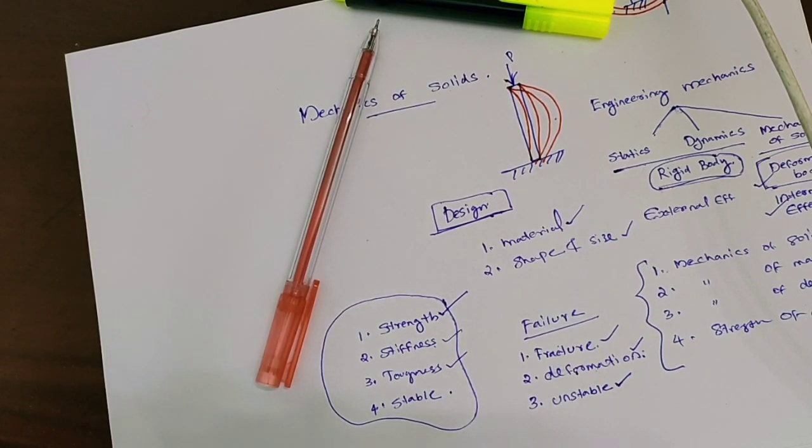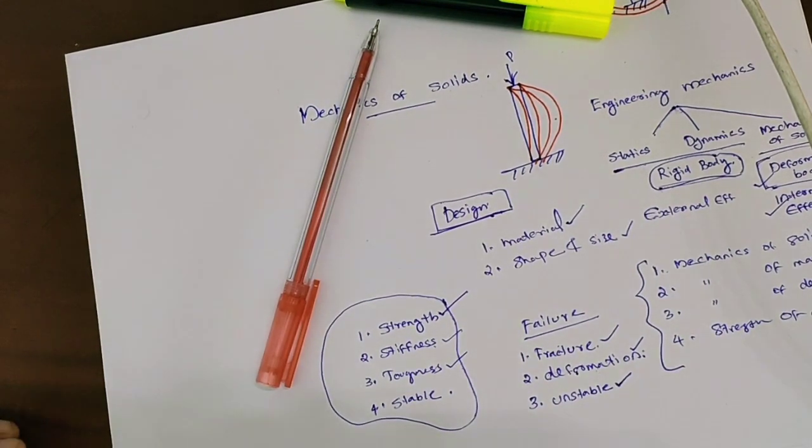So while designing any component using the fundamentals of mechanics of solids, we should ensure these four conditions: the strength condition, the stiffness condition, the toughness condition, and the stability requirement. By considering these four conditions, we can design any structural member or component without any fracture in a safer manner. So that is the main objective of the mechanics of solids.